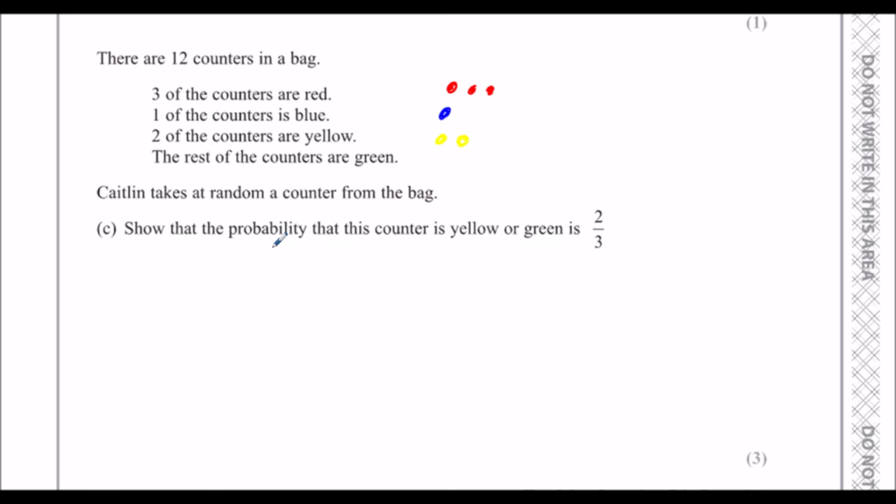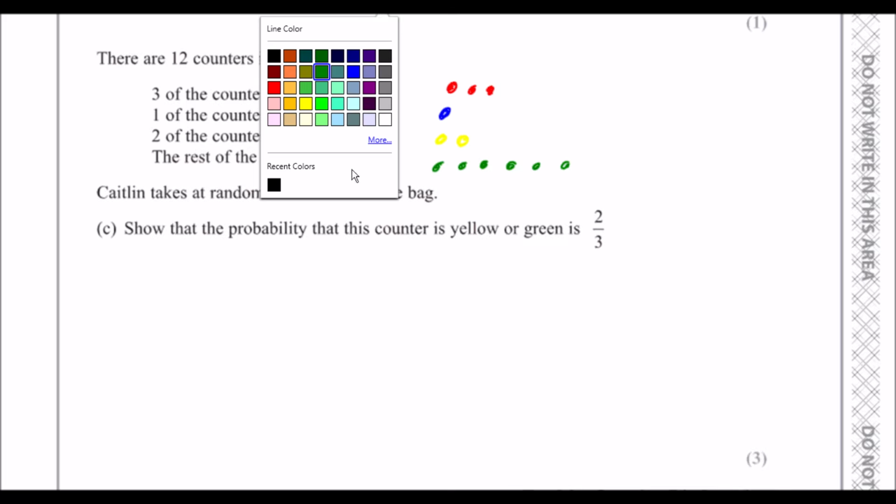Show that the probability that this counter is yellow or green is 2 out of 3. So how many green counters have we got? We've got 3, 4, 5, 6 so far. So the rest of the counters are green. There's 12 in total. We know the colours are 6. The rest are green. So there are 6 green. That makes 12 in total.